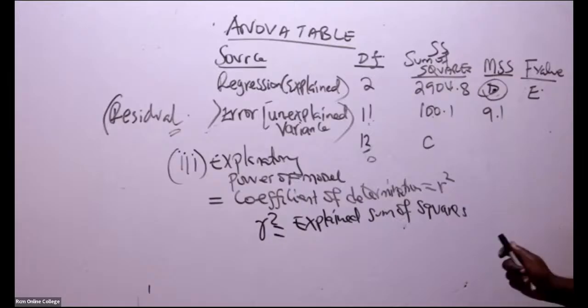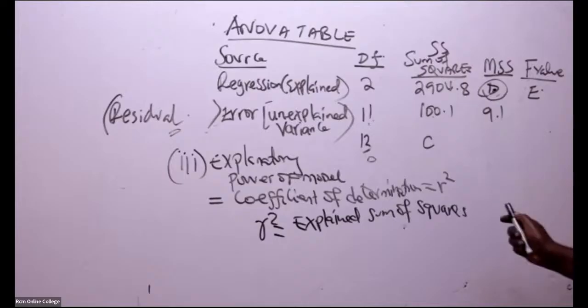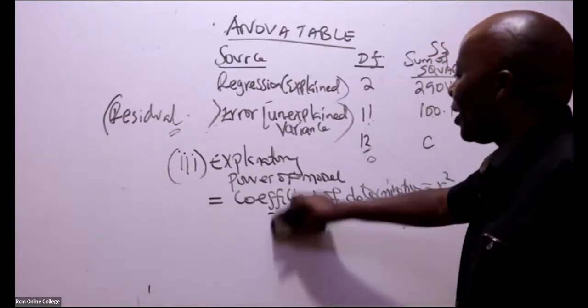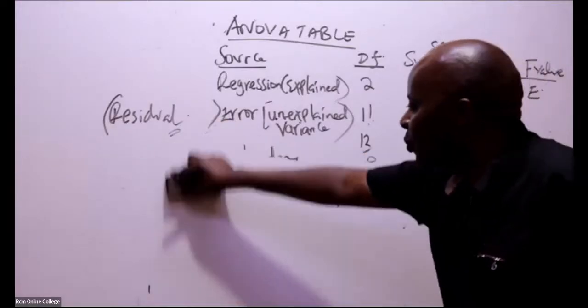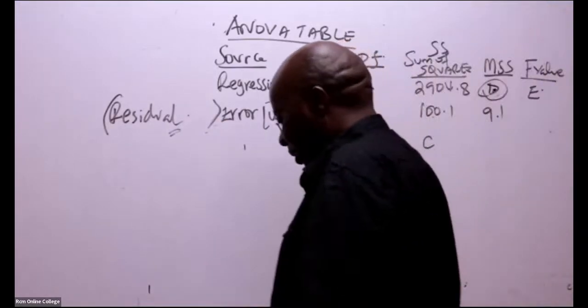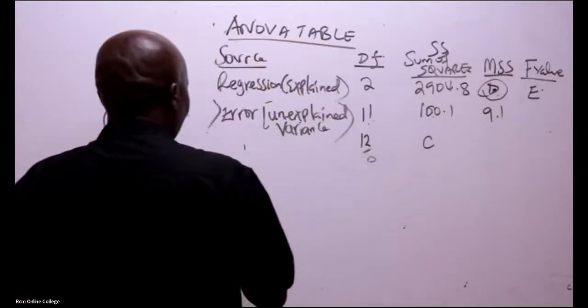R squared is the explained variance proportion.